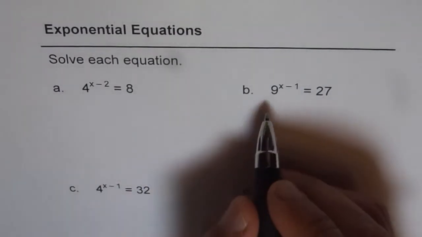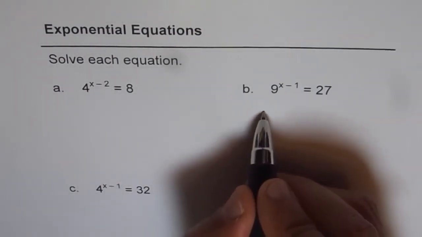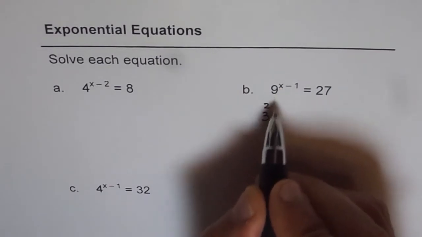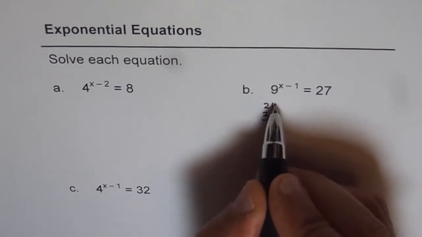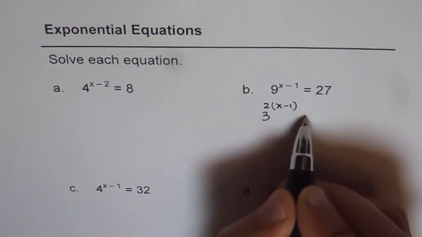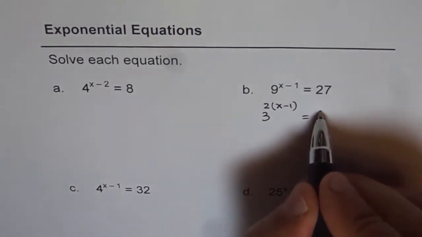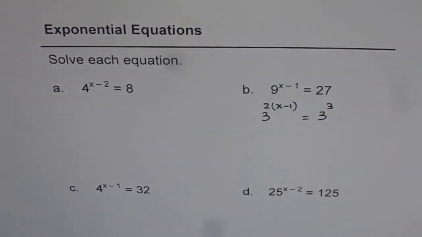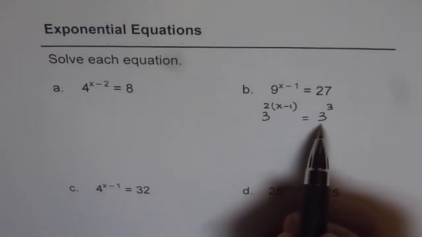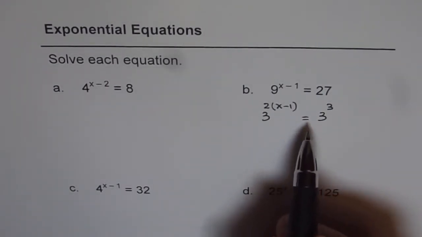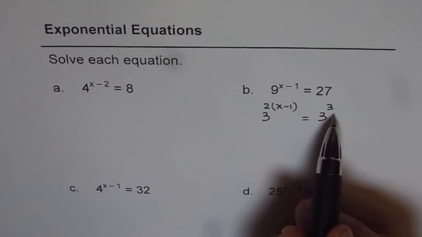So let's do that. If I replace 9 with 3 squared, I get 3 to the power of 2, and already we have x minus 1. And on the right side, 27 is 3 cubed. Well, now we get the same base. The base is 3, and we can equate the exponents.